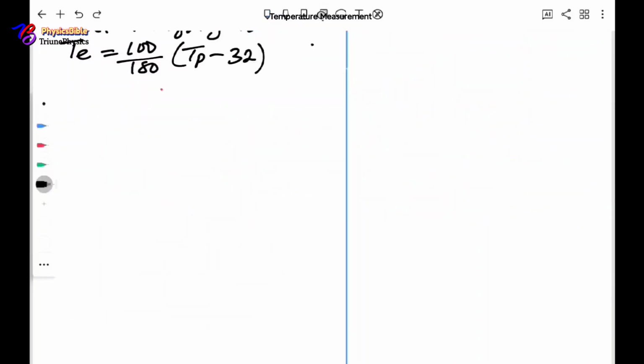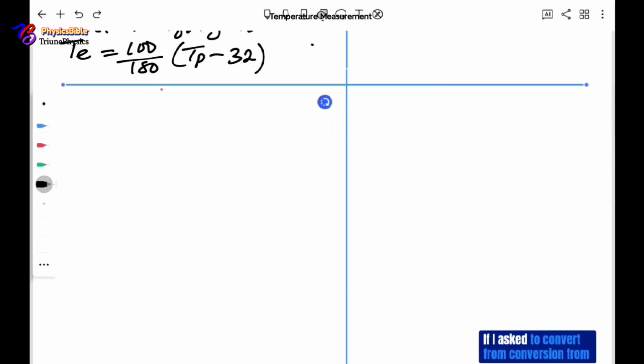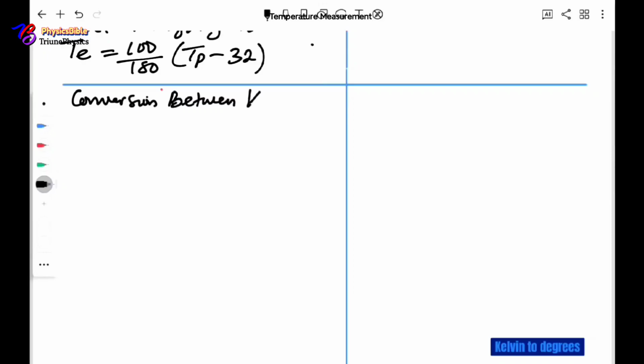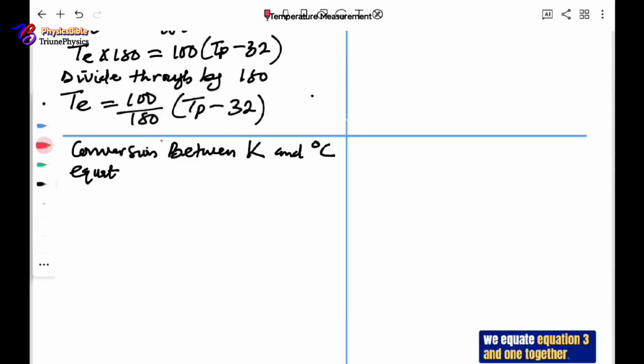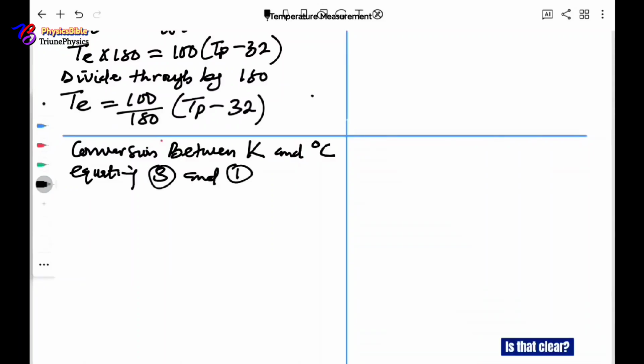Then, if you are asked to convert from Kelvin to degrees Celsius or vice versa, we equate equation 3 and 1 together. Is that clear?